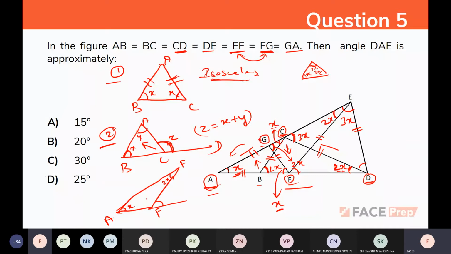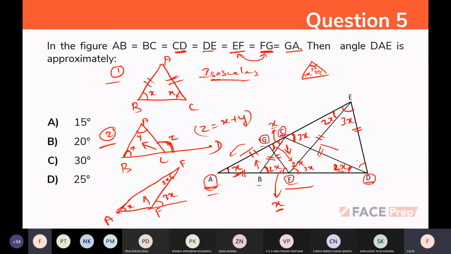This angle will be the addition of the two opposite angles, which is 3x here. Clear? And then we know EF is equal to DE.